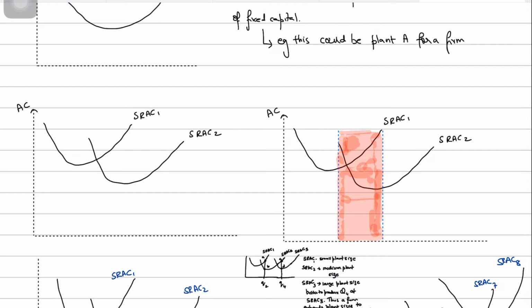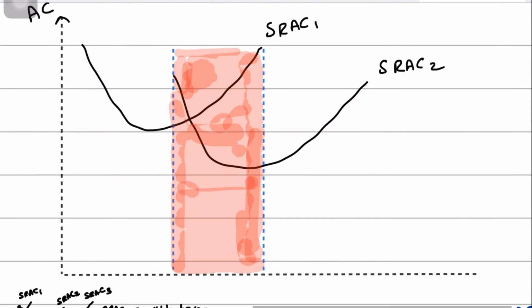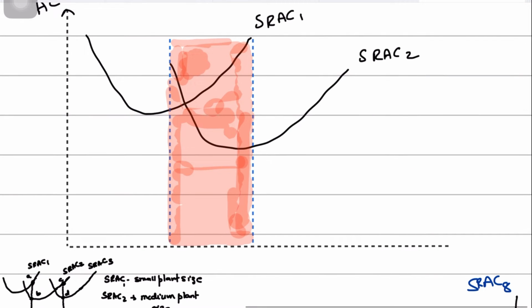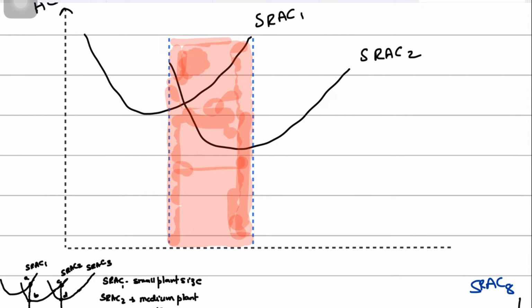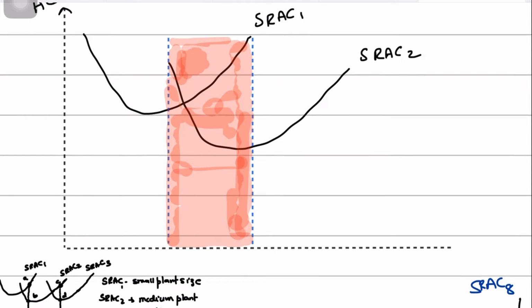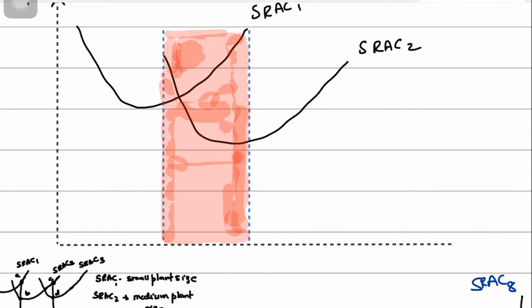Now, one thing I would like you to note is that this diagram is telling us that for the quantities in this red shaded area, the two curves do not overlap. The reason is that if the firm chooses to produce, let's say, a quantity QA, it will have a different average cost for QA depending on whether it produces QA at the smaller factory or at the medium-sized factory. SRAC1 corresponds to the smaller factory, SRAC2 to the medium-sized factory.